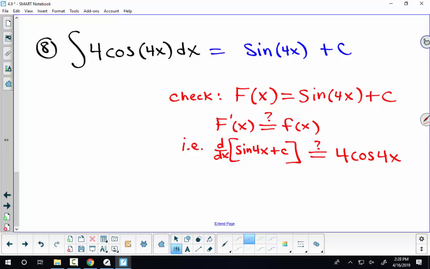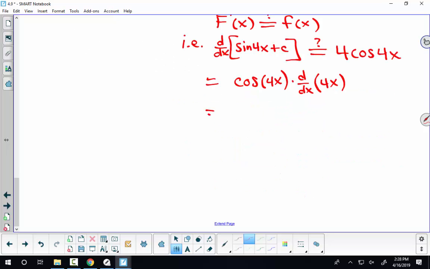So we can just check our work. What's the derivative of sine 4x plus c? The derivative of sine is cosine, times the derivative of the inside, 4x, which is 4, so it gives you 4 cosine 4x.